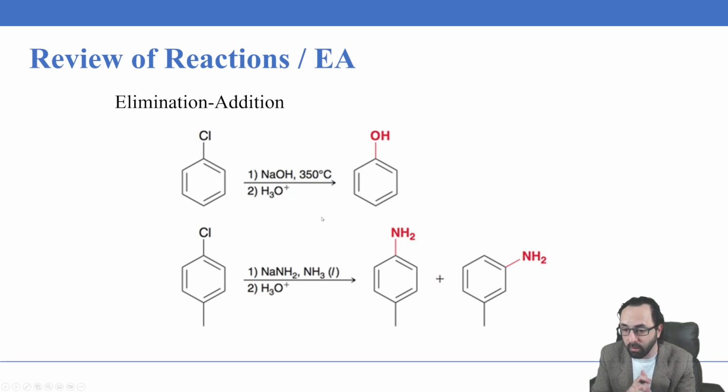For this week's homework, it is pretty substantial. There's a lot of practice that needs to be done to correctly determine the products and determine the direction, ortho, meta, or para direction, whether it's an electron withdrawing group, which will deactivate the ring, or an electron donating group here, which will activate the ring under electrophilic aromatic substitution.